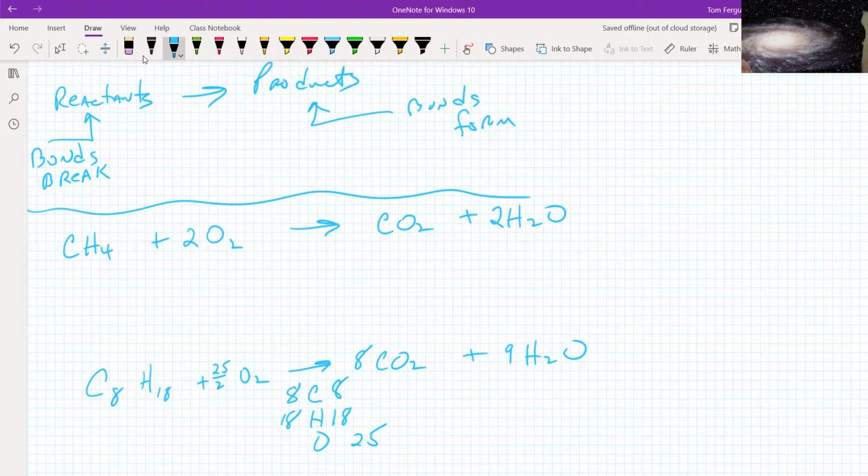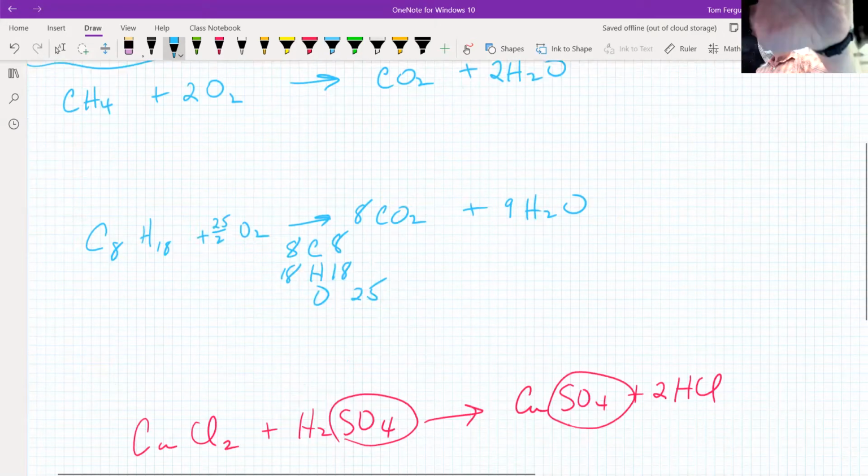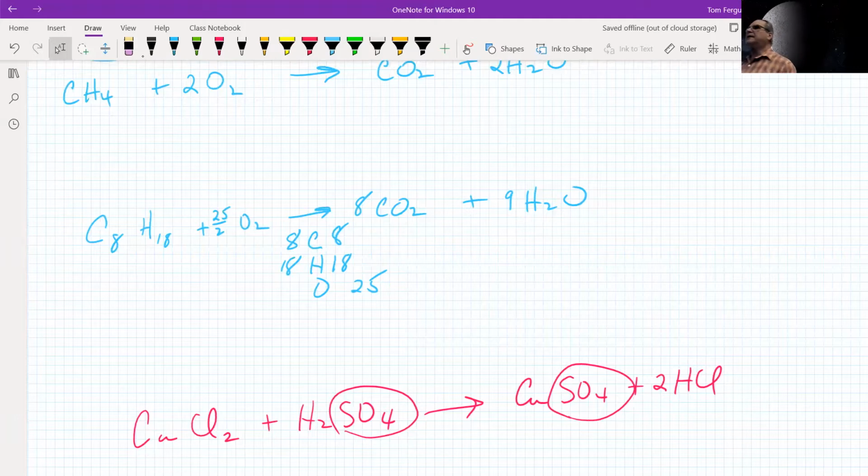Okay, now let me tell you a hint. Whenever we have an even number of carbons, it's always fractions. We have an odd number, it's never fractions. Okay, so are we done? Can't have fractions, so how do we clear them? Yeah, multiply everything by 2.